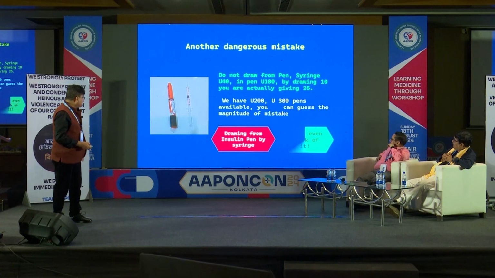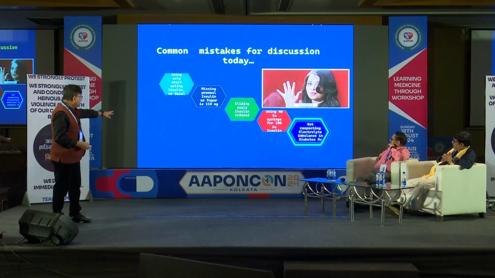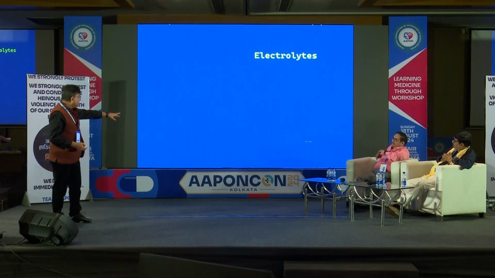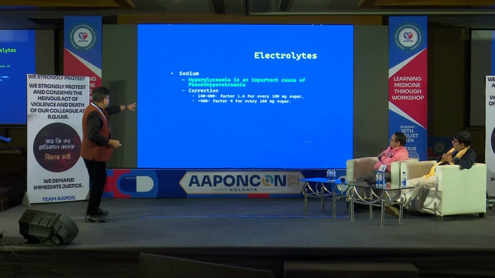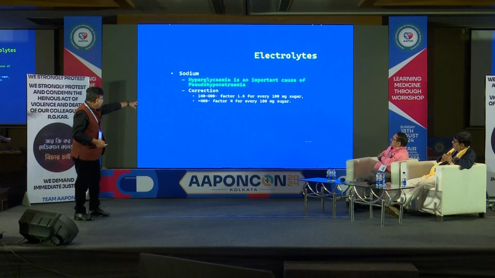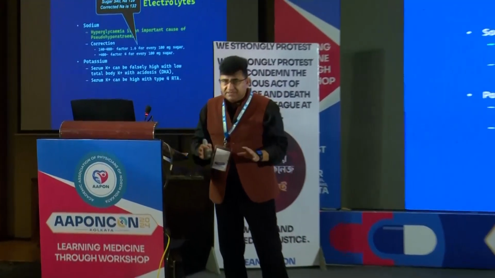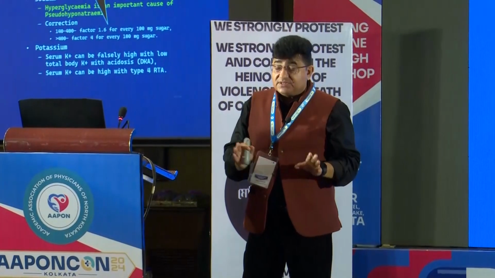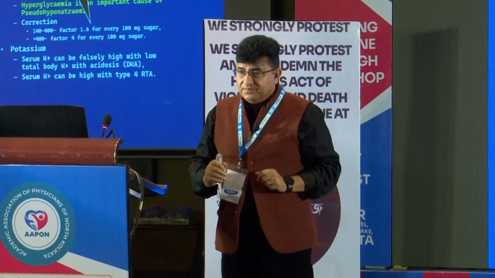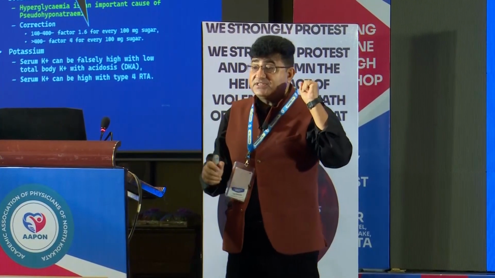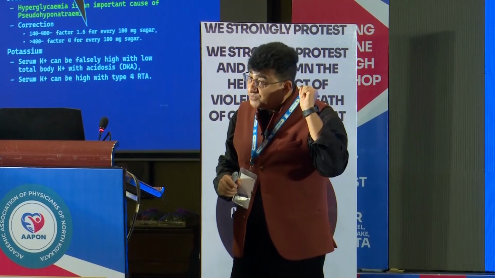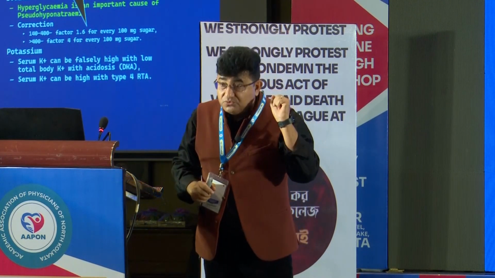And next is not respecting electrolytes, very important for us clinicians. Suppose this patient comes to you, your blood sugar is say around 700 or 600, serum sodium is around 125, and the resident calls you, patient is having hyponatremia, should I start 3% normal saline? Should you?